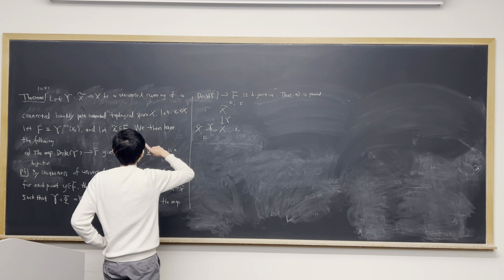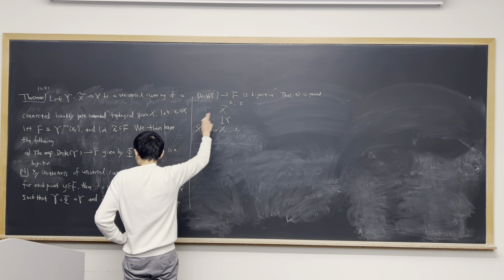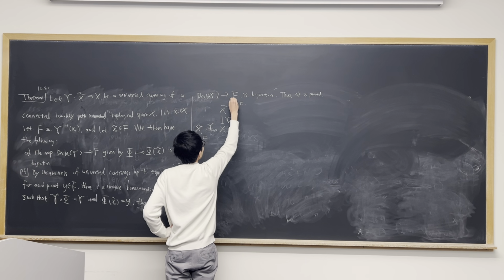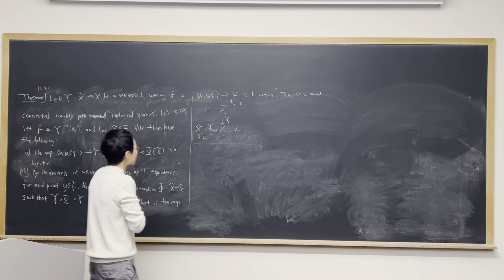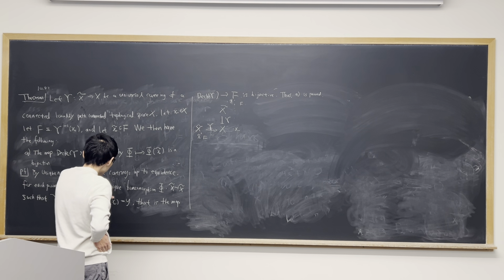I think you should pick the x naught here, right? Because you want the y to be here. So let's say this is y, and this point is your x naught tilde, okay. So there is a unique homeomorphism phi from x hat to x hat.